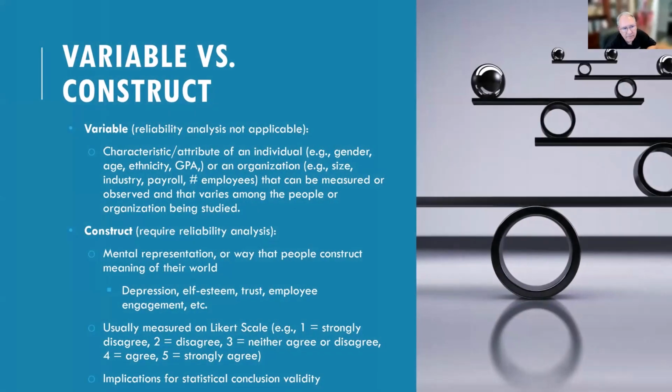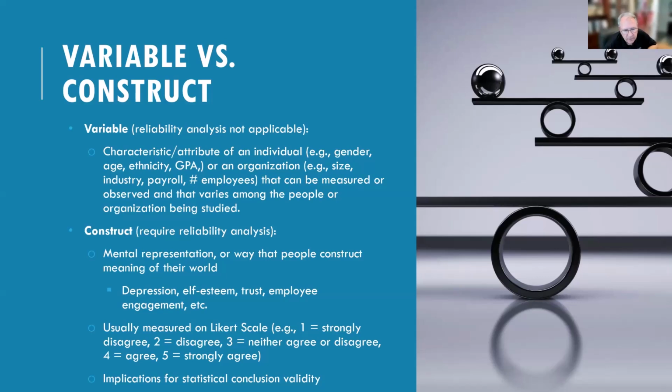Another important thing about variables is variables versus constructs. So a variable is what we just talked about. So data points, so your blood pressure, your gender, your age. And you don't need to use a reliability instrument. You have to have good data collection techniques. But constructs are a little bit different.